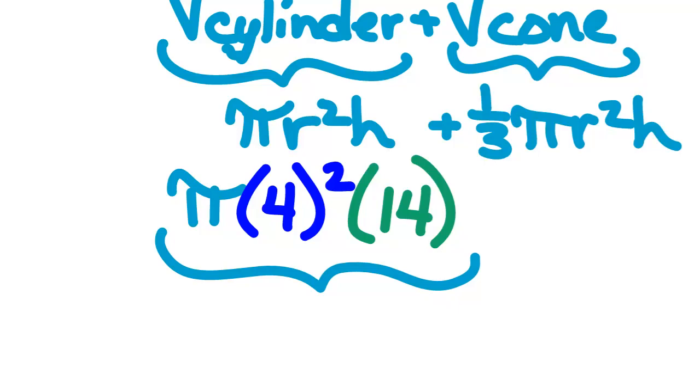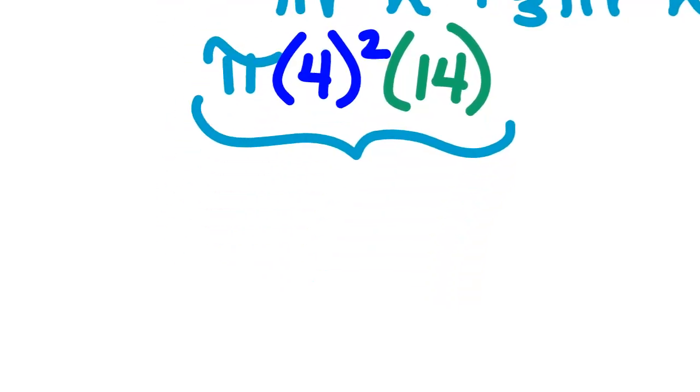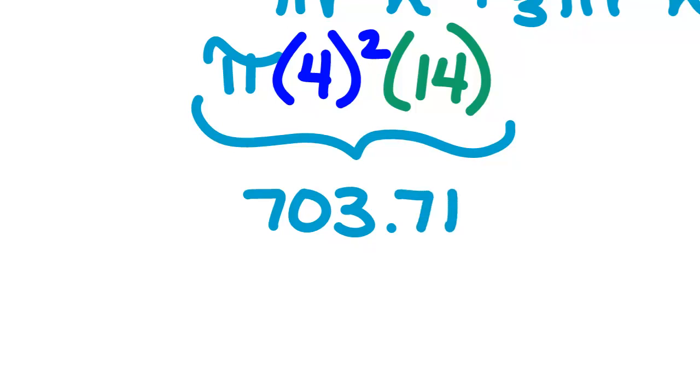What do we get? I think it would round up to a 1.7, yeah.